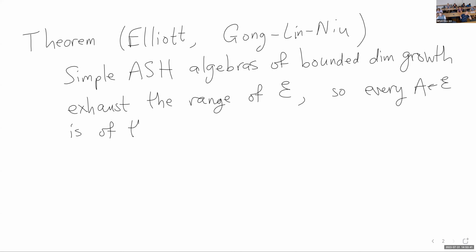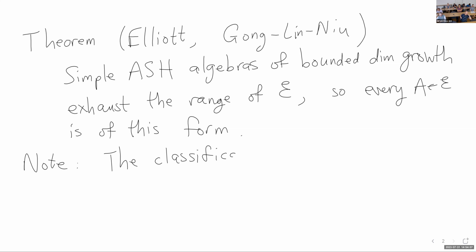But this is only true after the fact. It's important to note that the classification theorem that I stated didn't assume any inductive limit structure going into it. It just turns out after the fact that yes, they've got inductive limits. So the classification theorem does not assume any inductive limit structure.